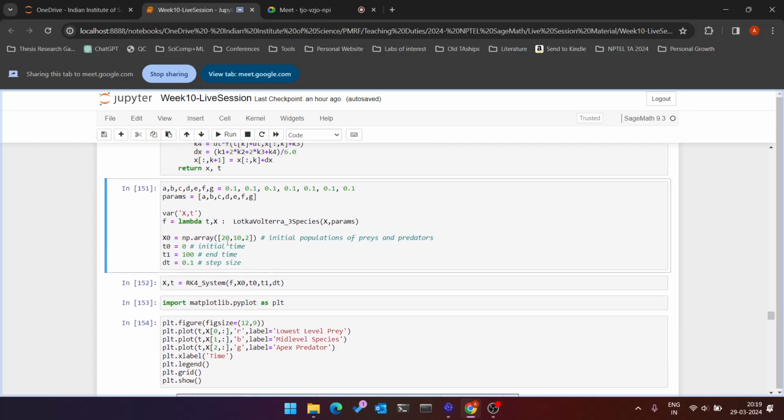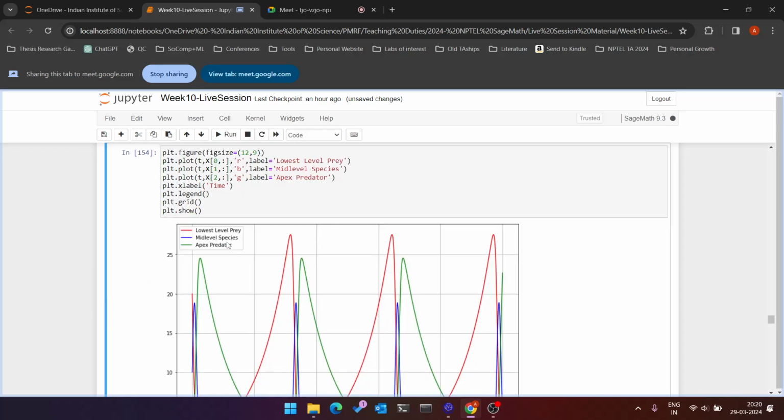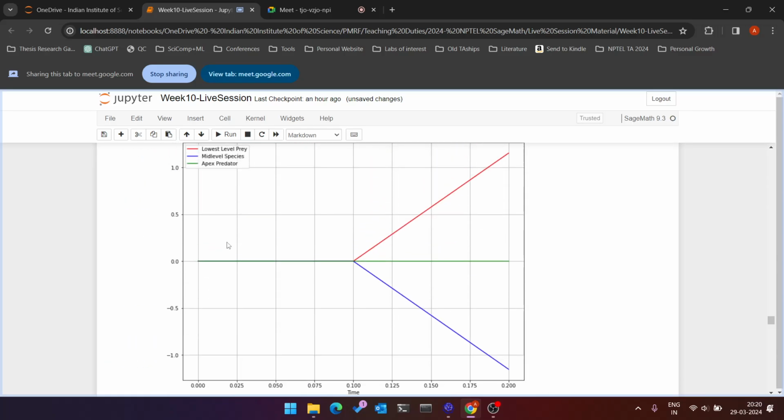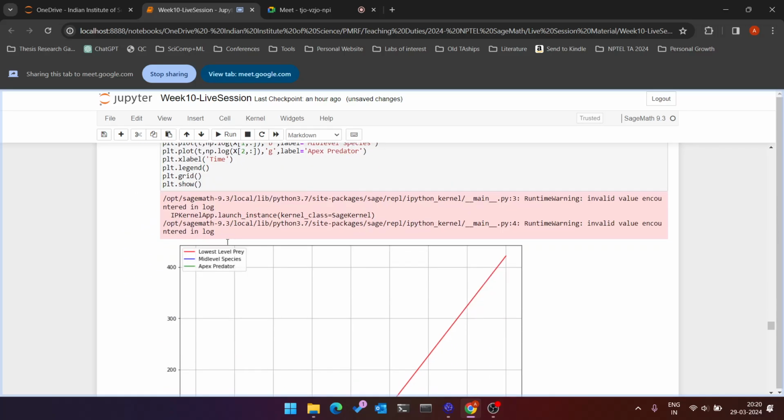One more case that could be of interest is if you have a very large population, a small mid-level population, and an even smaller apex predator. What happens in this case? Oh, this has exploded.